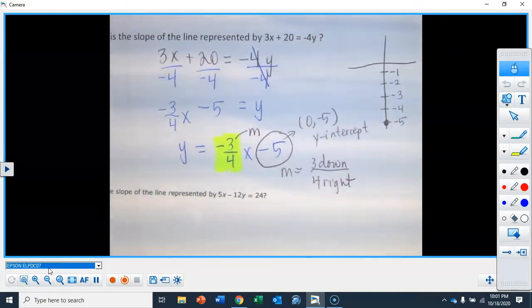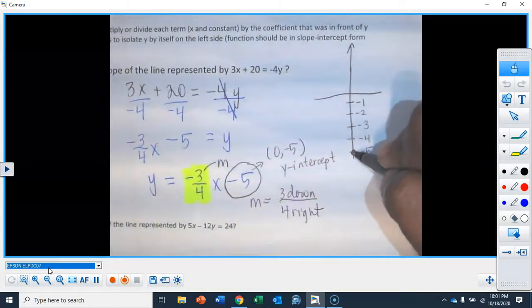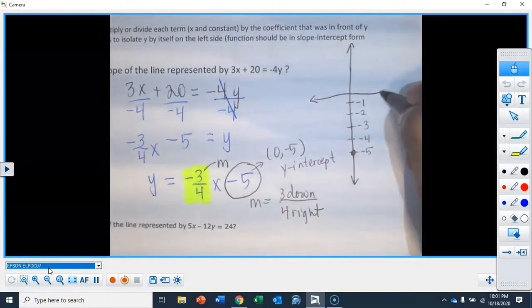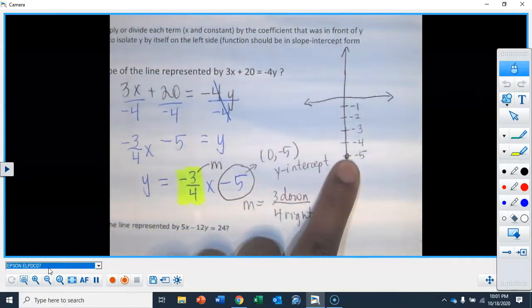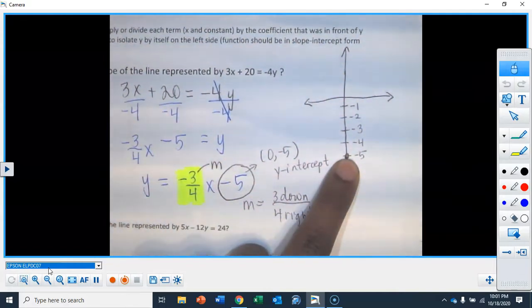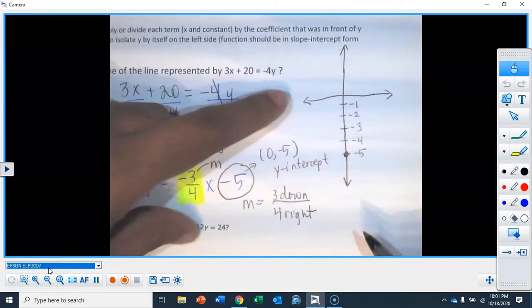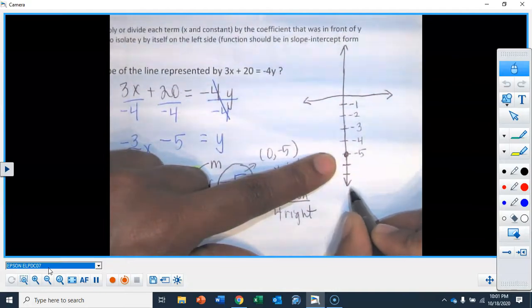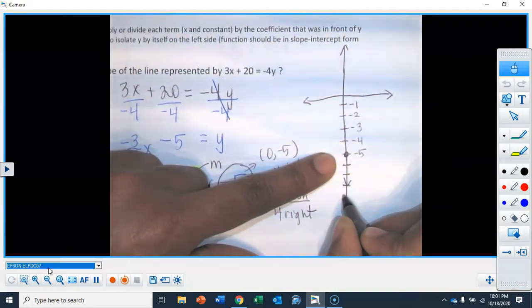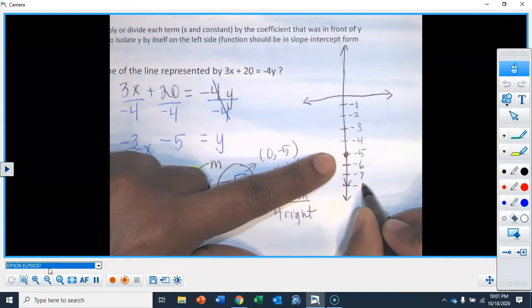All right. So now I'm going to graph this for you just because I want you to see that the next thing after we learn how to change all these forms is we have to graph. So I plot the point 0, -5. The address is to go 3 down, 4 to the right. So if I go 3 down, 1, 2, 3, that's -6, -7, -8.